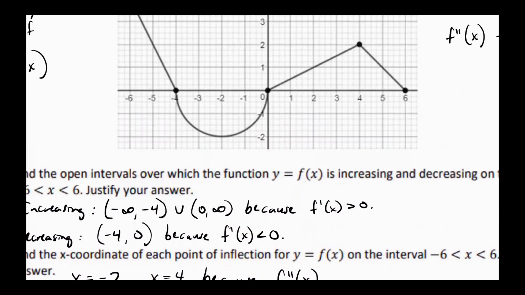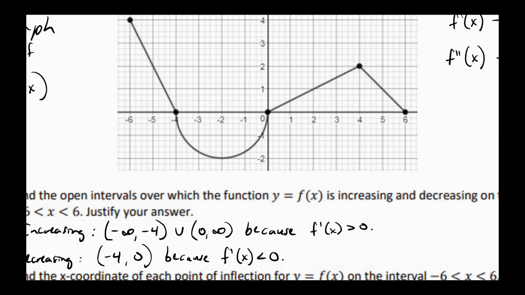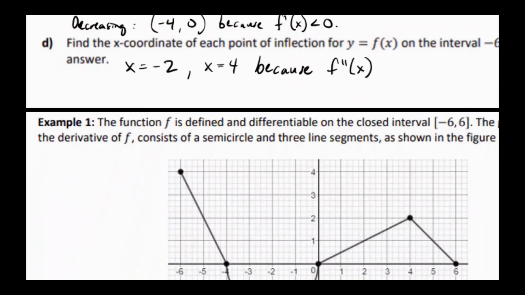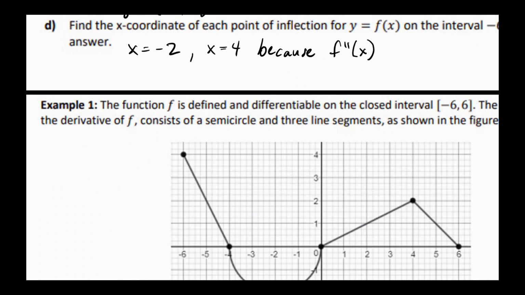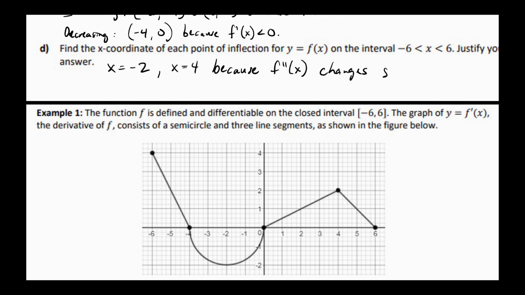So if we only had -2, I would say double prime is 0, absolutely. But this is not 0. It's a corner. So more accurately, we would say because F double prime changes signs. F double prime changes signs.